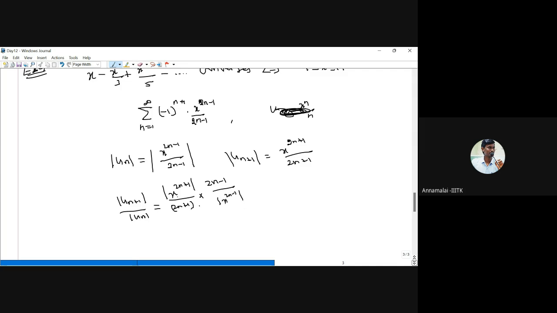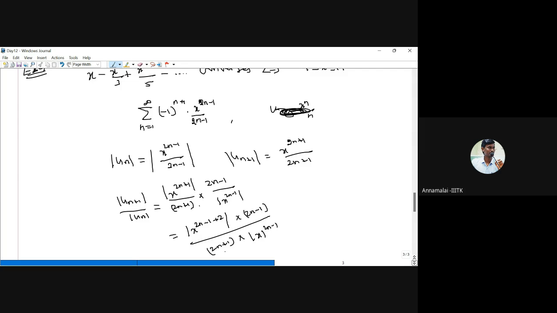So this 2n plus 1 we can rewrite as 2n minus 1 plus 2, and we can write this as x square. Okay. So modulus of x power 2n minus 1 plus 2. We can write this plus 1 as -1 plus 2. If you sum this, you will get this one, into 2n minus 1 whole divided by 2n plus 1 into modulus of x power 2n minus 1.